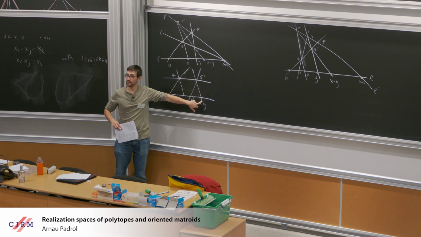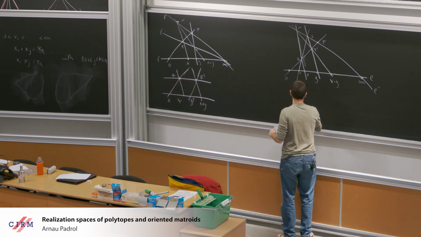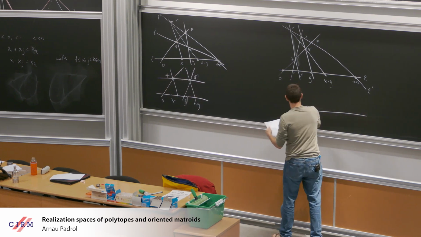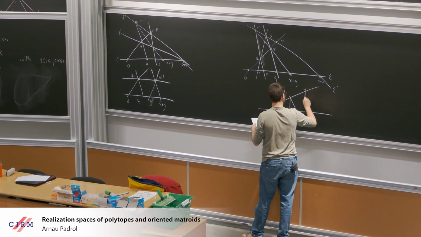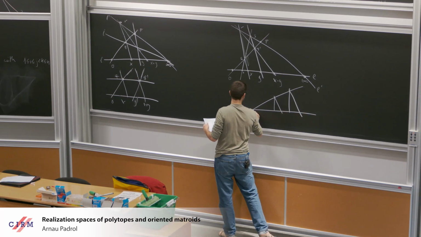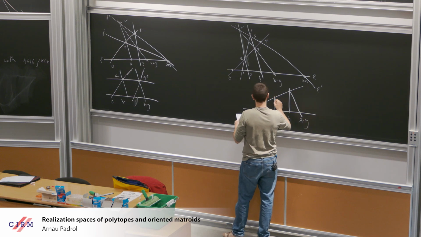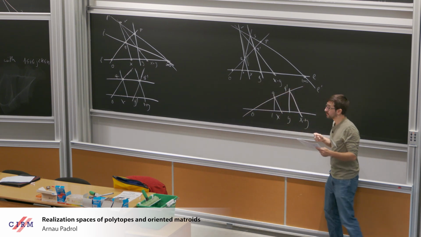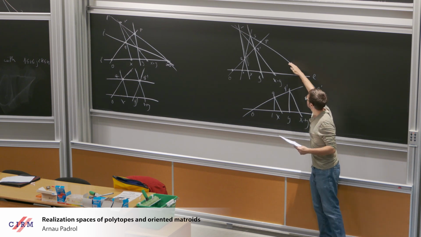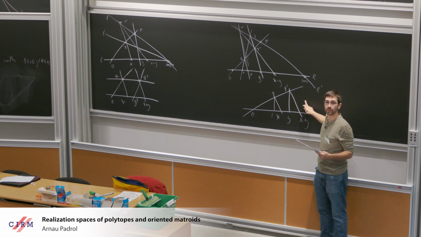Okay, so this is the first one, the one for addition, and for multiplication, this simplifies to something like this. And so now what I've sent is this line to infinity, and I have this line to be parallel to this one, and this line is parallel to this one.